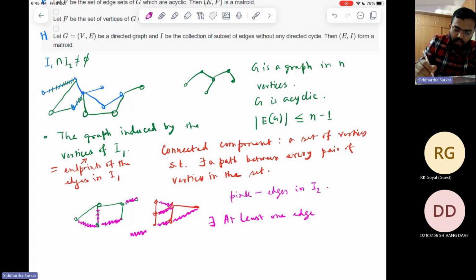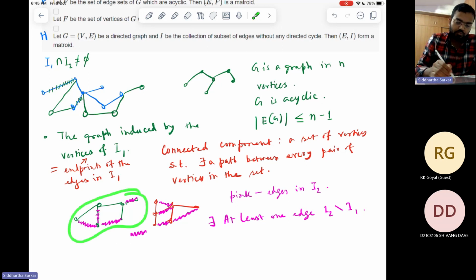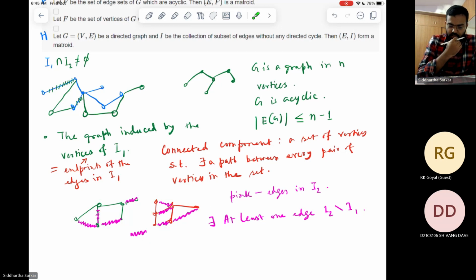There exists at least one edge in I2 which is not in I1. So that edge is outside of all the connected components in which I1 is participating. So even if you include that edge with I1, it is not going to introduce a cycle.